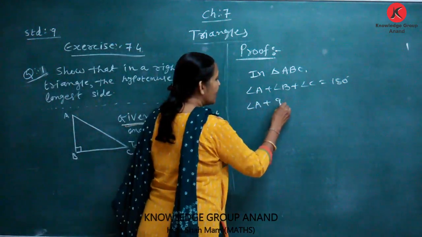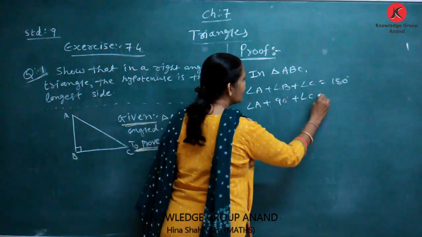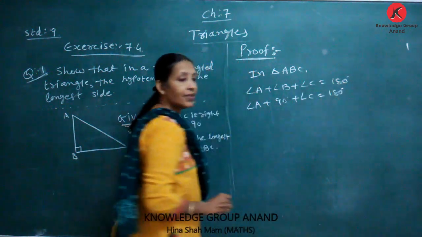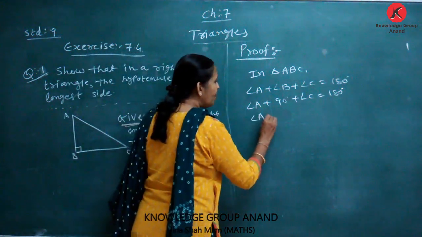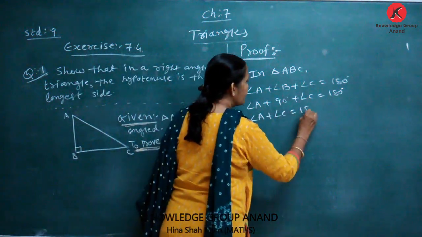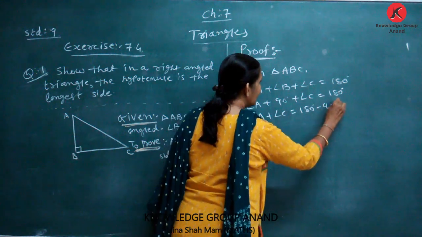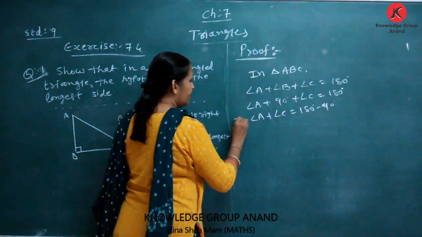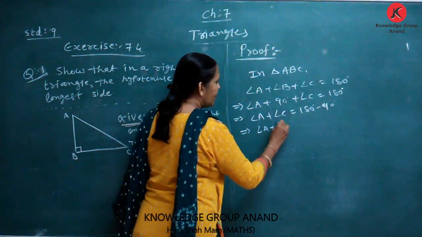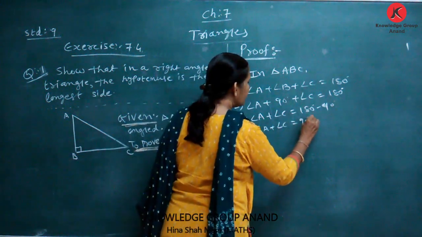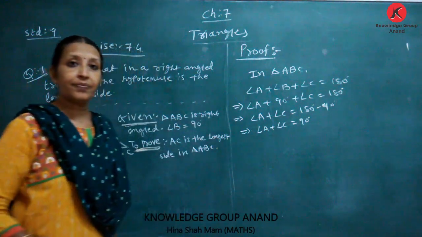Angle A plus 90 degrees plus angle C is equal to 180 degrees. Angle A plus angle C is equal to 180 degrees minus 90 degrees. Angle A plus angle C is equal to 90.